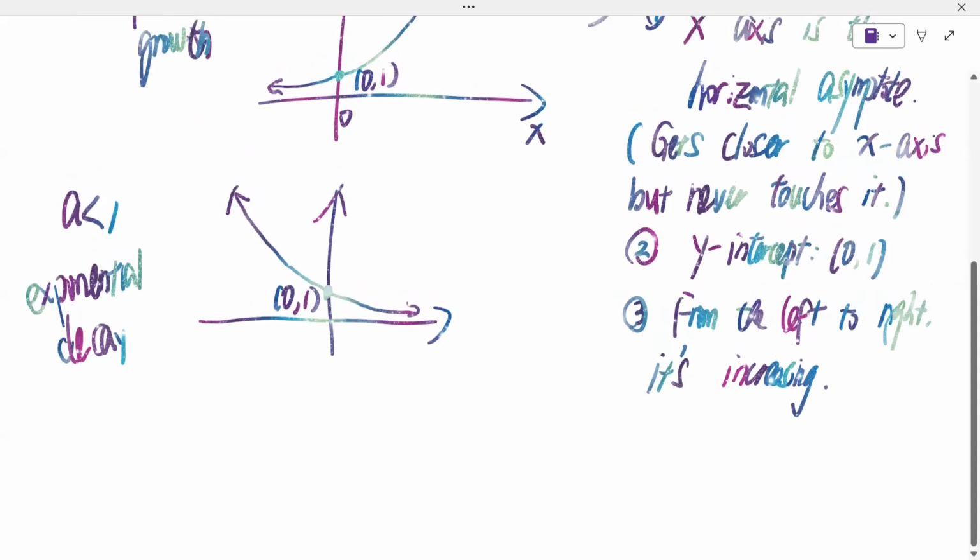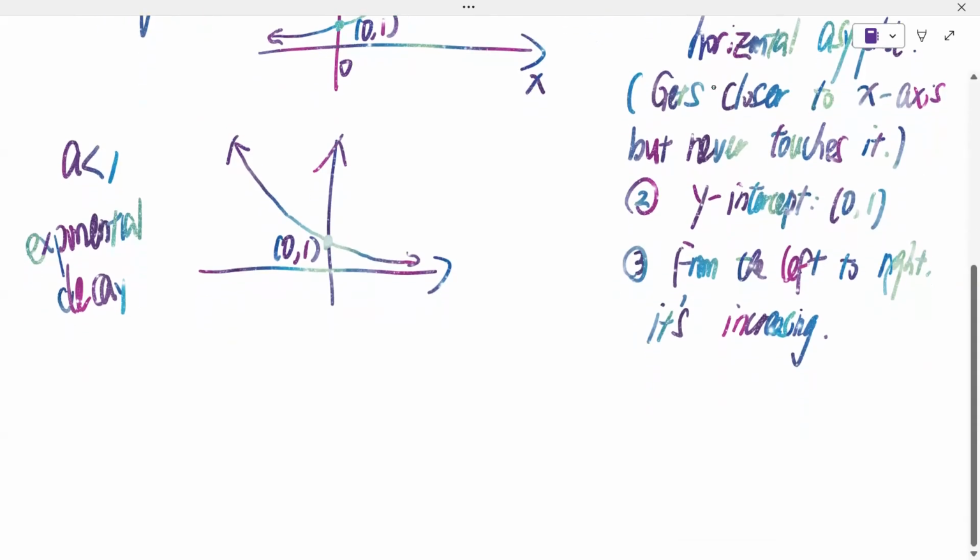And for exponential decay, the only difference is that from left to right, it's decreasing. Everything else is the same. First, the x-axis is the horizontal asymptote.